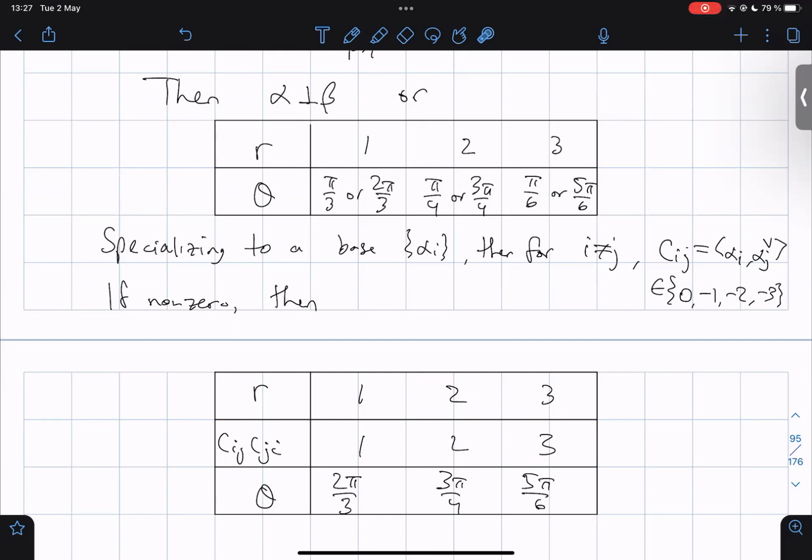And the corresponding ratio of the length squared are 1, 2, or 3, respectively. So mark here obtuse angles.